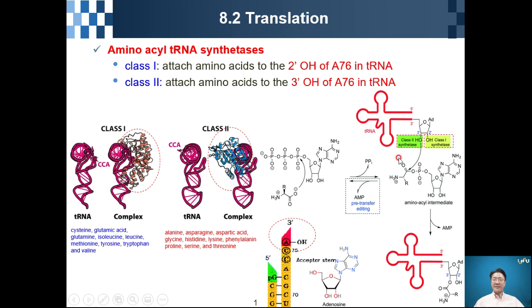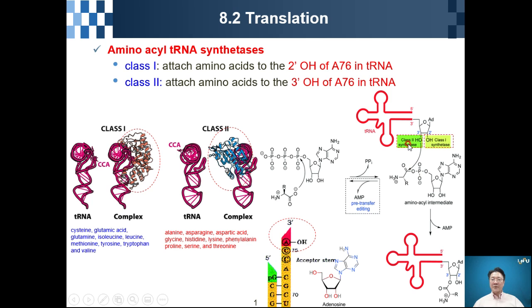Let me start with some specific details of the amino acid attachment procedure. So this is the amino acid and this is the ATP. The amino acid and ATP combine and make the amino acid intermediate. The amino acid has a carboxyl group here.